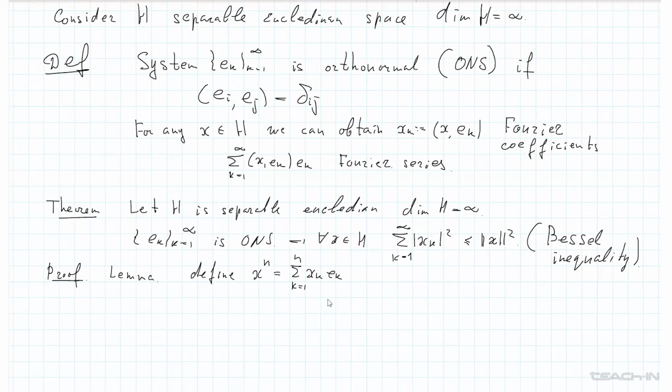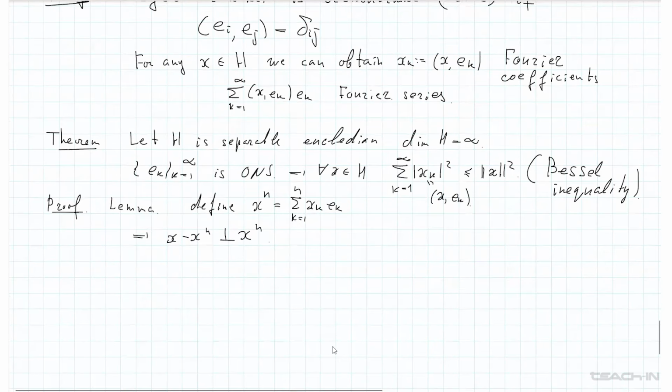Here x_k is the Fourier coefficient, always. Then we have such a property of these partial sums: the difference between an element and its partial sum is orthogonal to its partial sum. It is easy to check because let's write it.